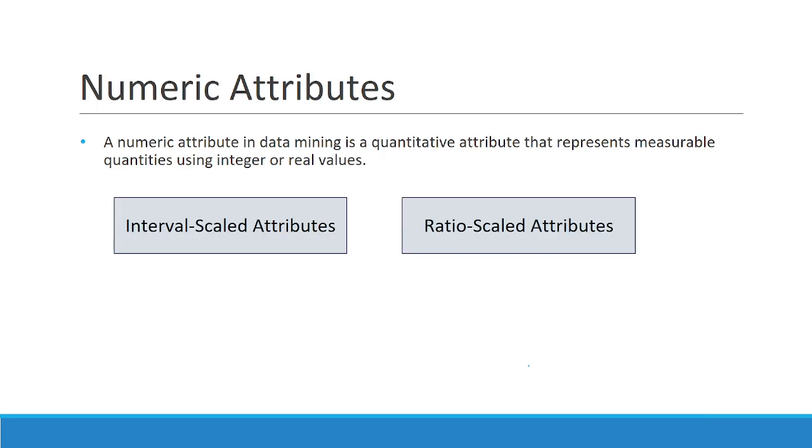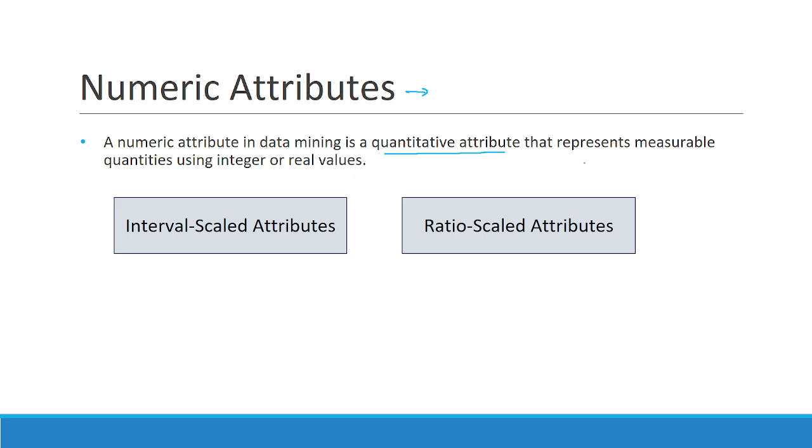Okay, now next type of attribute we are going to see is numeric attribute. So this numeric attribute is different than all the other attributes. Like we have seen three attributes: nominal, binary and ordinal. Those all three attributes are qualitative attributes, whereas if you see numeric attribute, it is quantitative attribute.